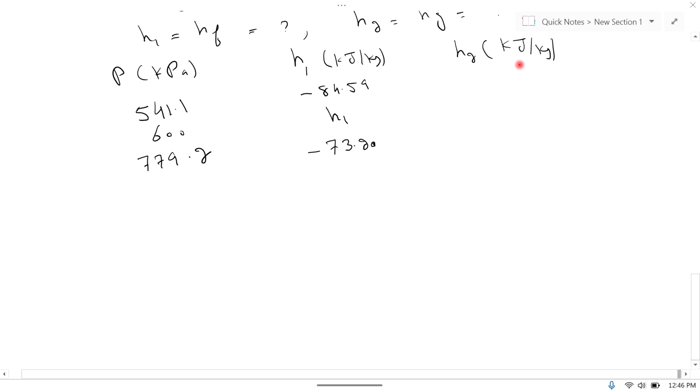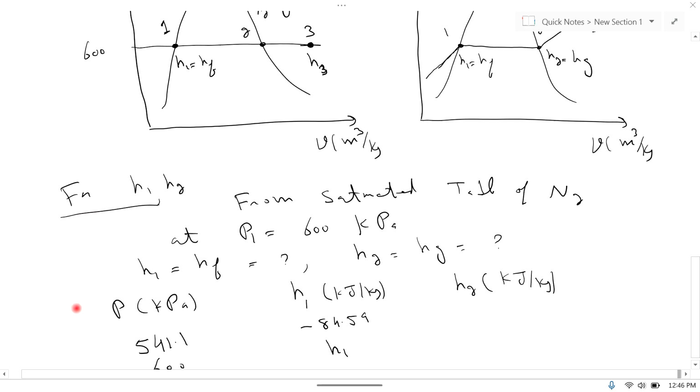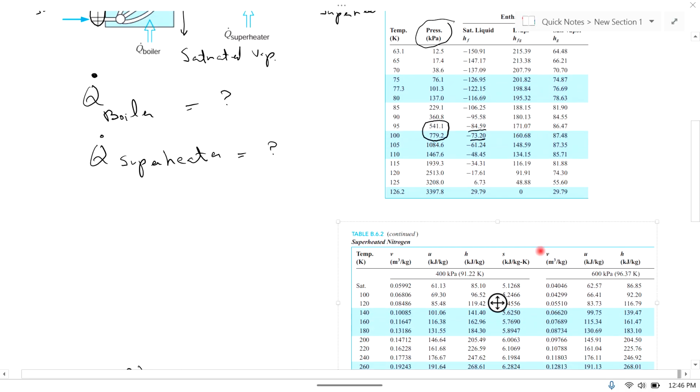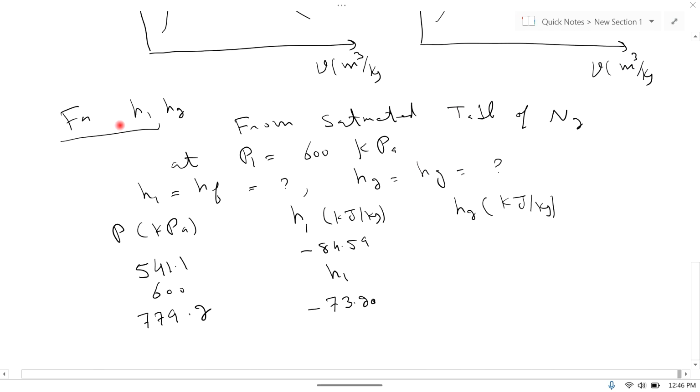Similarly, H2 is equal to Hg. In front of 541.1, Hg is equal to 171.01.